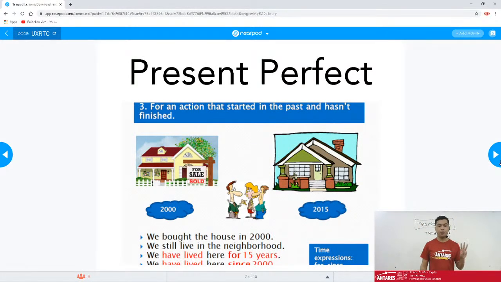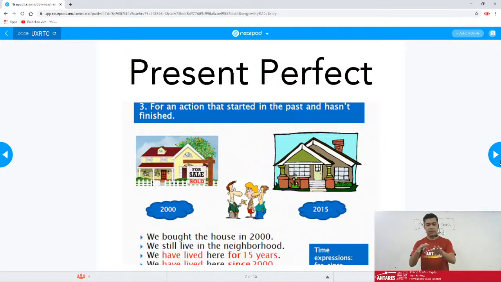Great. The third one is for an action that started in the past and hasn't finished. It hasn't finished. It was my example, okay? I've lived in my neighborhood since 2017. It's still true now. It hasn't finished, okay?